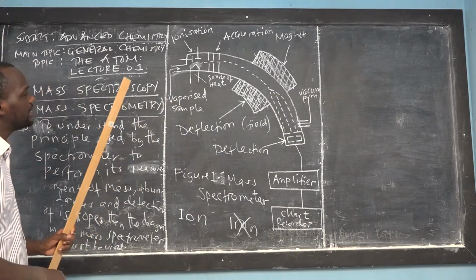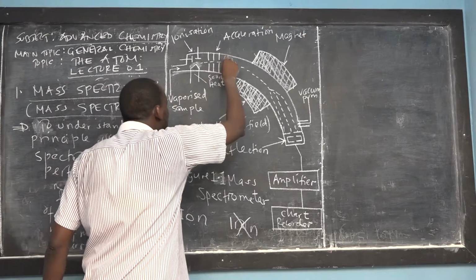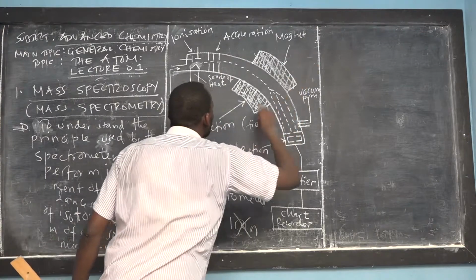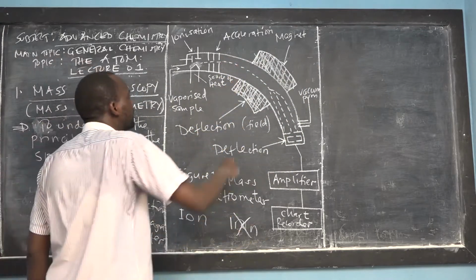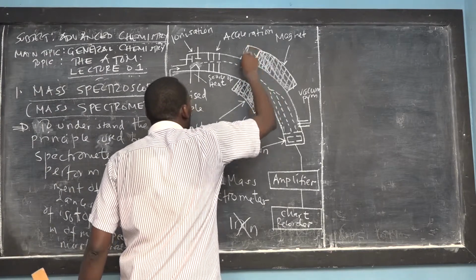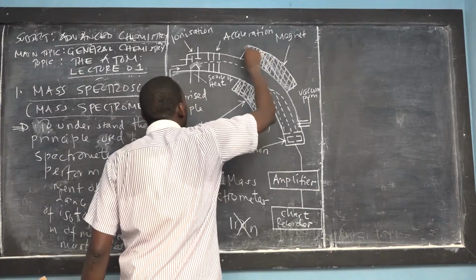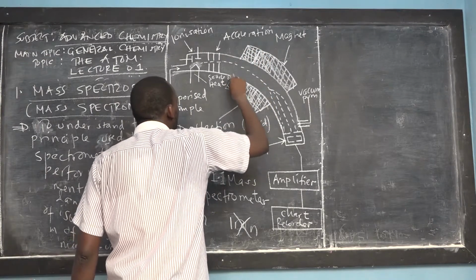This atom has been moving linearly, in a straight line. When it reaches the radius, you can even extend the magnetic field so that you can understand the concept.